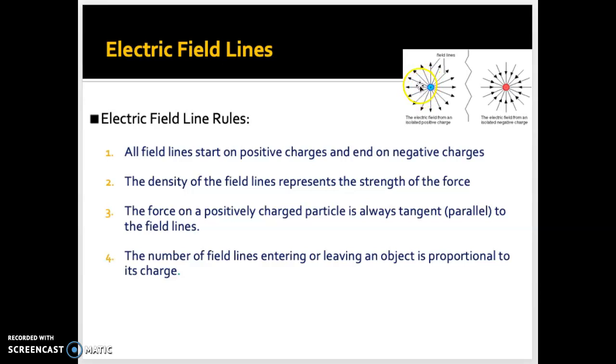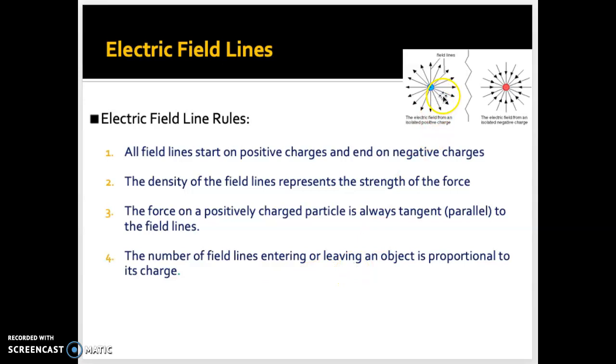Actually, this is a positive charge, so it's going to feel a stronger force away from it than it does out here. It'll still feel a force away, but it'll be weaker. So the density shows the strength. And the other interesting thing is that the force vectors always go in the same direction as the field lines. So if you just connect a bunch of force vectors, you'll see the direction of the field line.